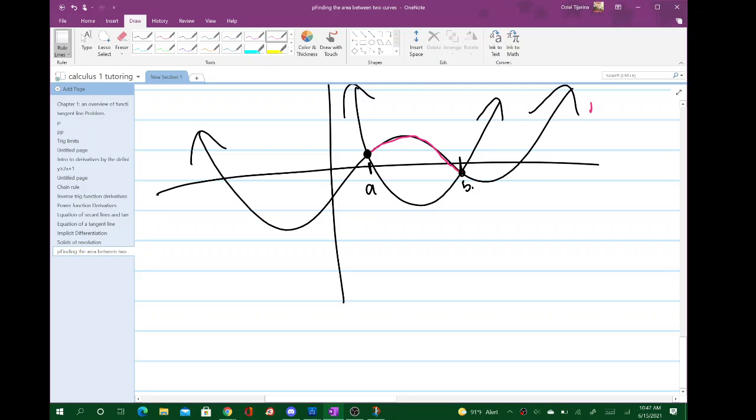And if we name that as f of x, and then minus the lower one, so the lower one is this one here. This is g of x.